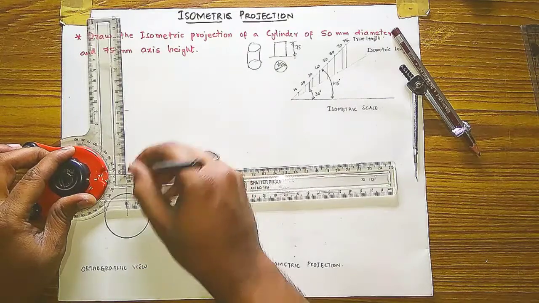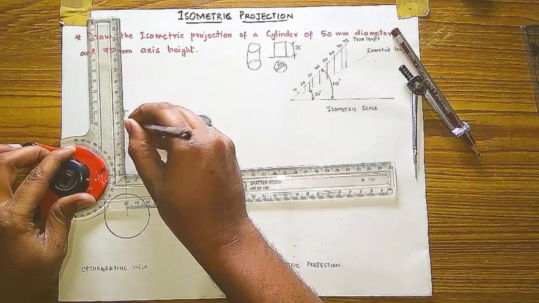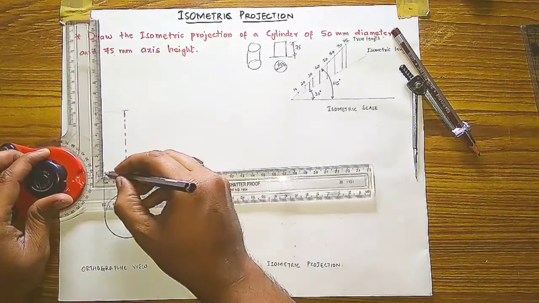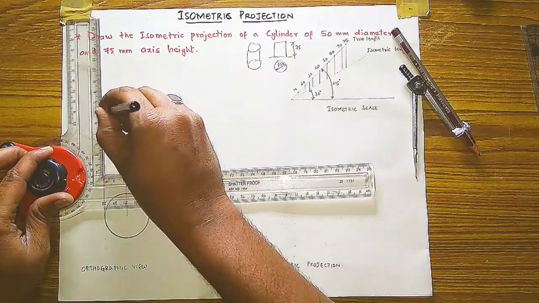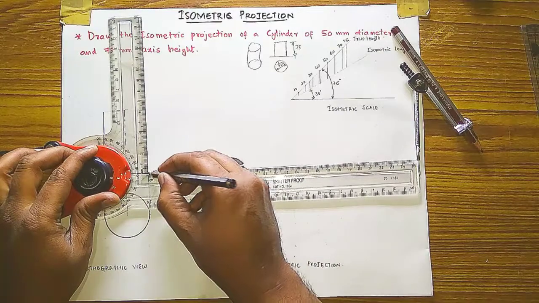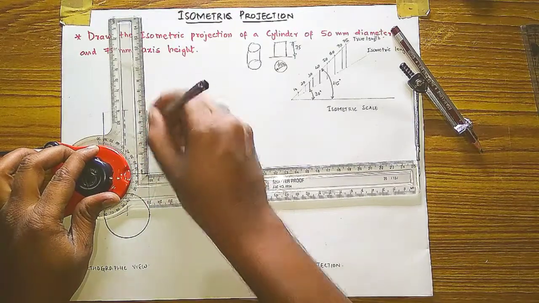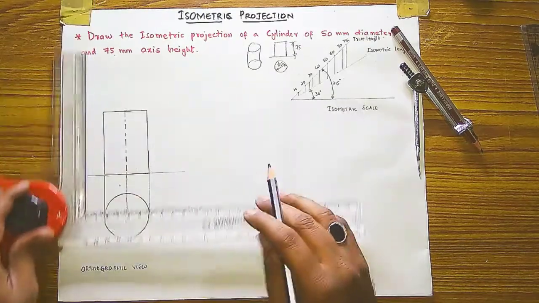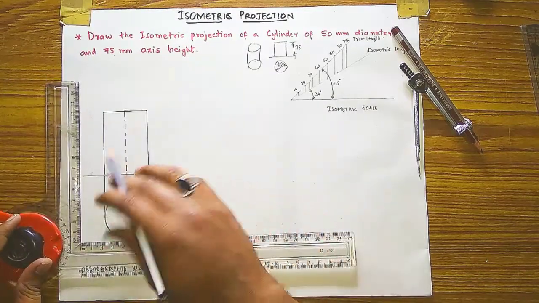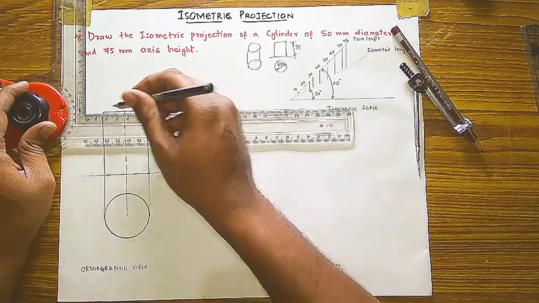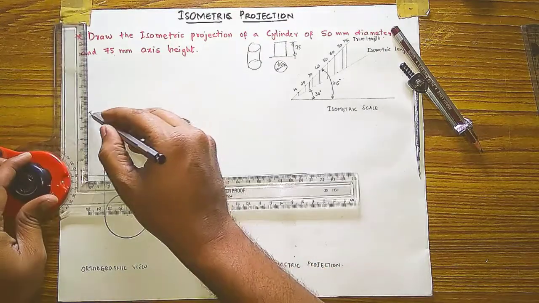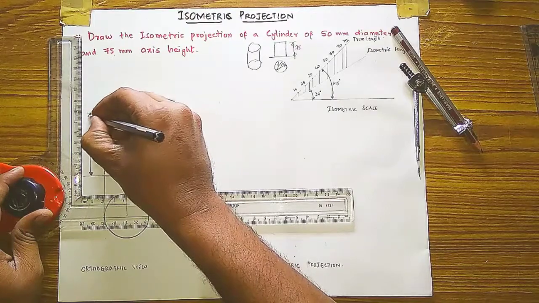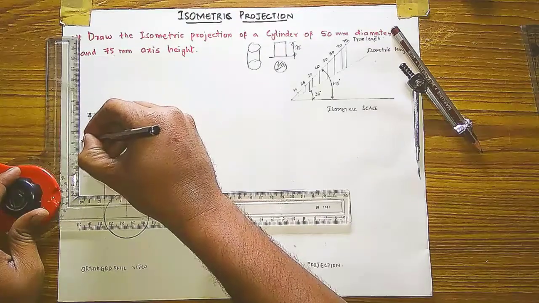So this will be the axis side. We have to adjust and draw the axis line, and this much also you have to draw, the lateral rectangle surfaces. And you have to show the dimension of this axis line like this, and this is 75 mm.